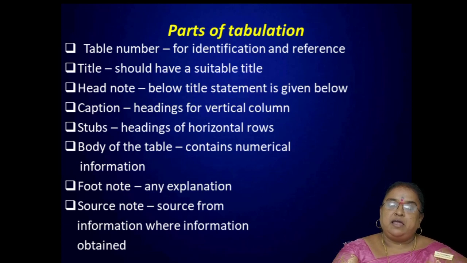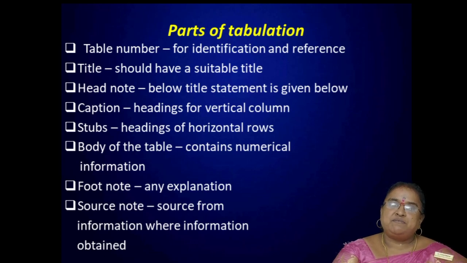Then below the table, a footnote is given. The purpose of giving a footnote is that if we need any explanation with regard to the table, we can give it as a short note. Then source note.